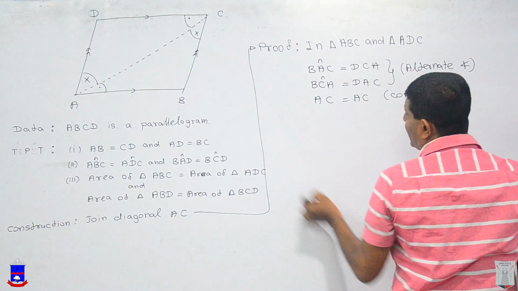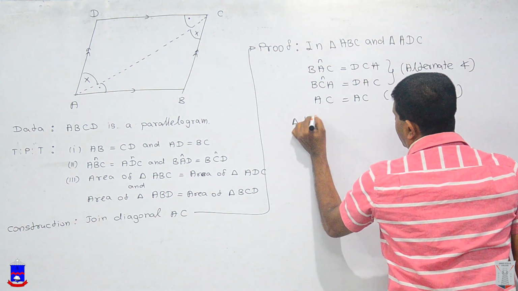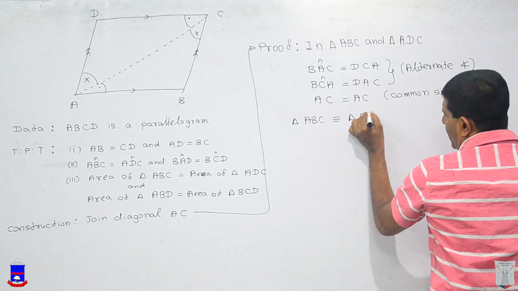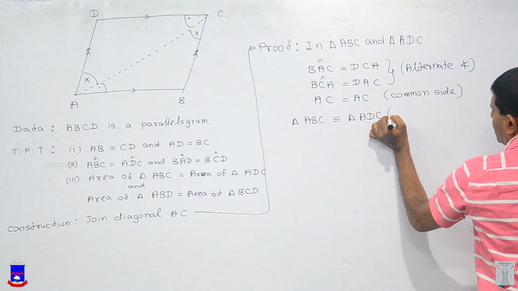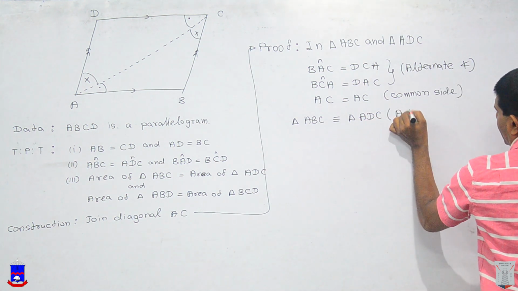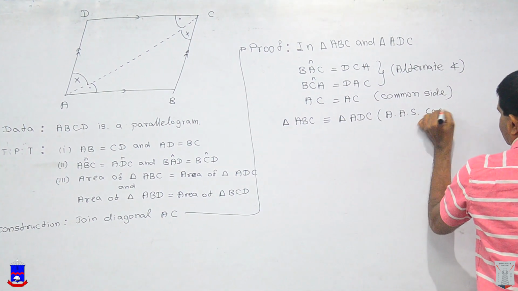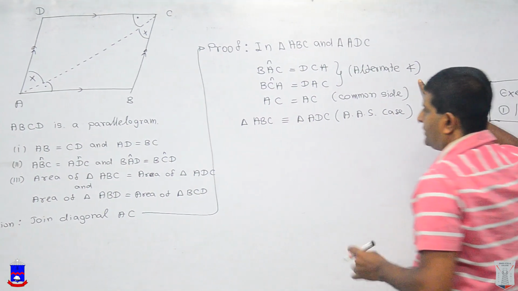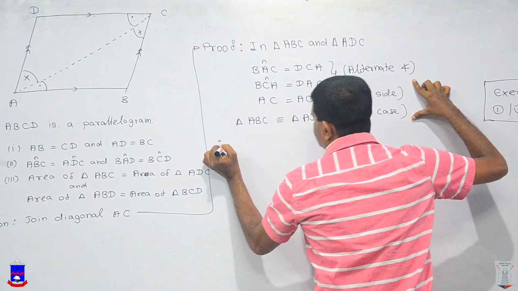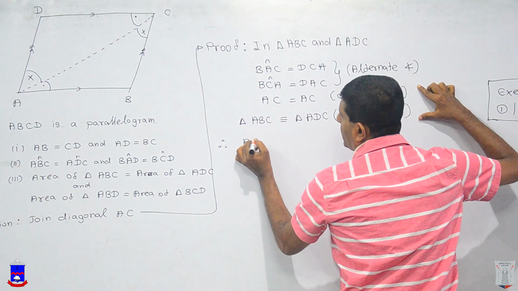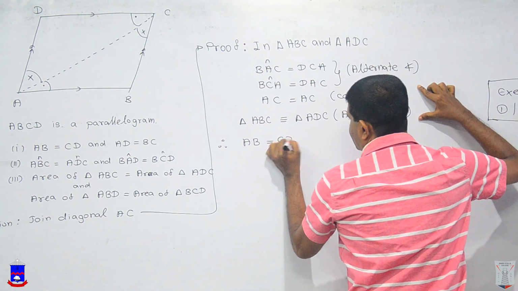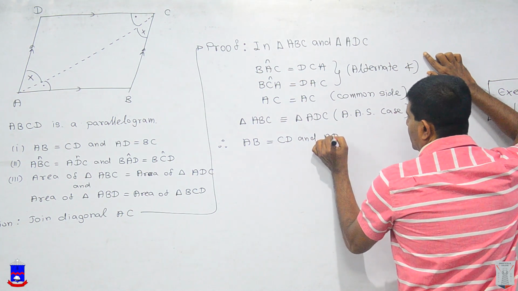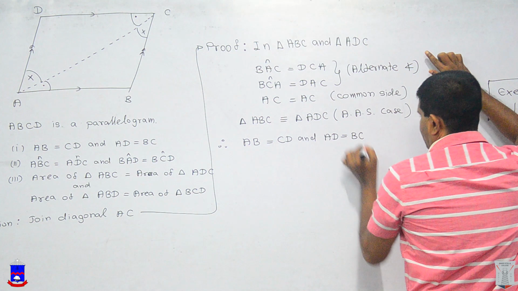Now we can say triangle ABC is congruent to triangle ADC. The case of congruence is AAS. After these two triangles are congruent, I can say therefore side AB equals side CD and side AD equals side BC.